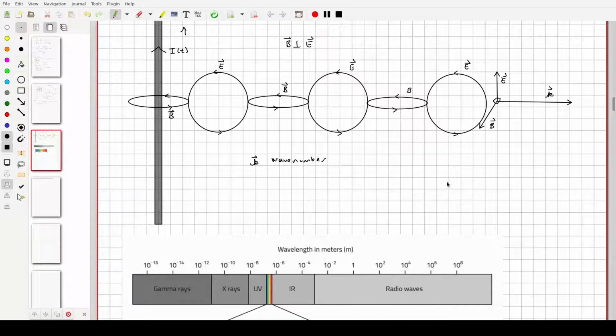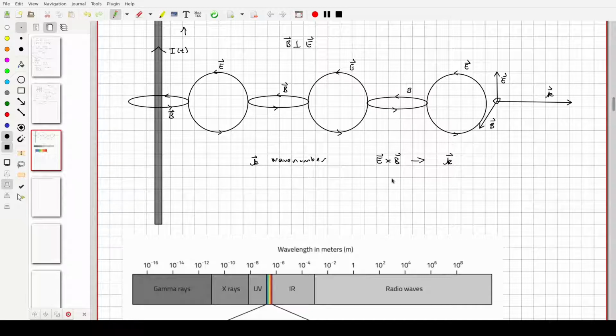And the relationship here is that E cross B is in the same direction as K. There's actually another relationship that we'll be talking about momentarily that's called the Poynting vector, which we'll get to in a little bit.